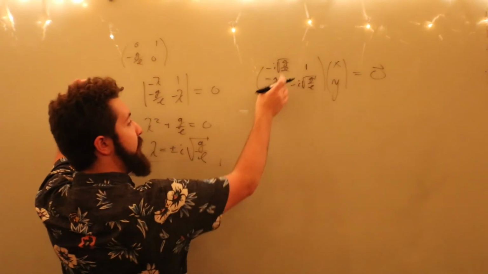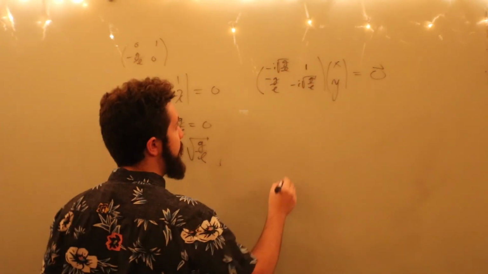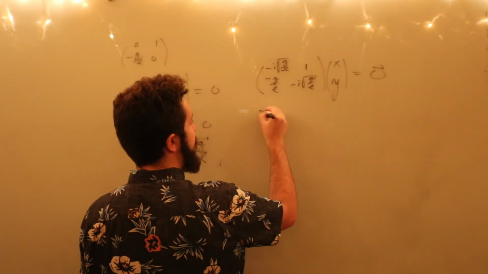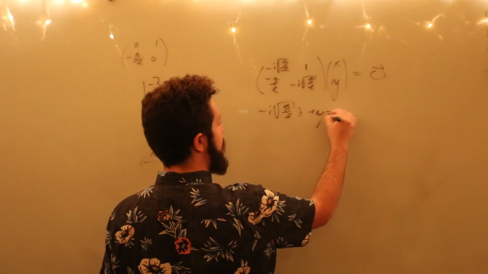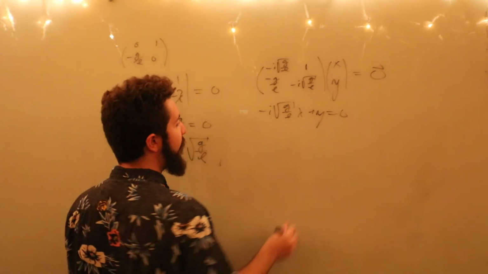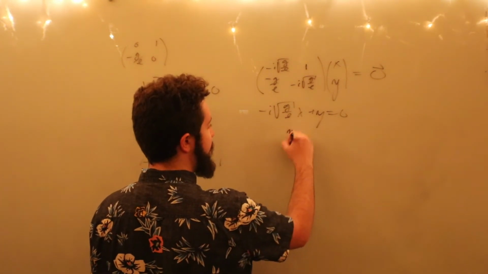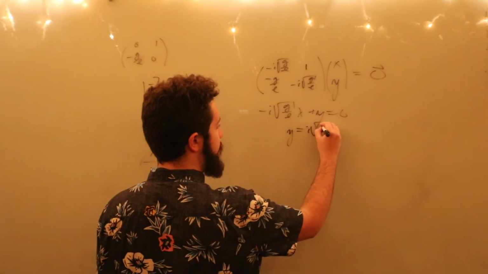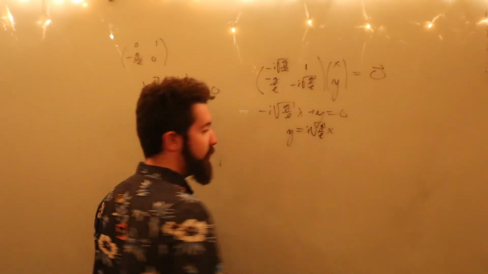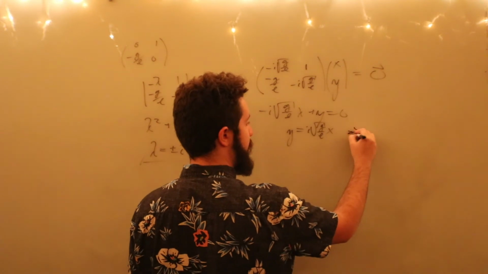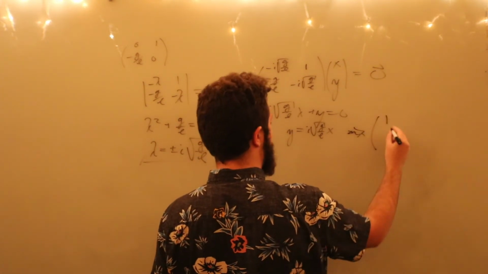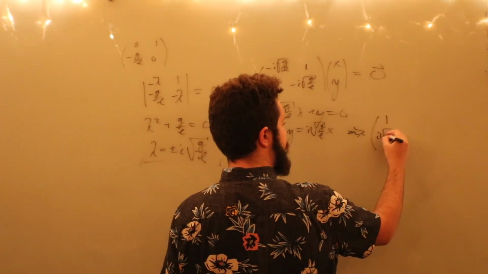And because this is linearly dependent, we only really need one statement, so it's going to be negative i root g over L x plus y is equal to 0. That's just the top row. And we could write this instead as y is equal to i root g over L x, so that if we choose x to be 1, we get an eigenvector, which is [1, i root g over L].